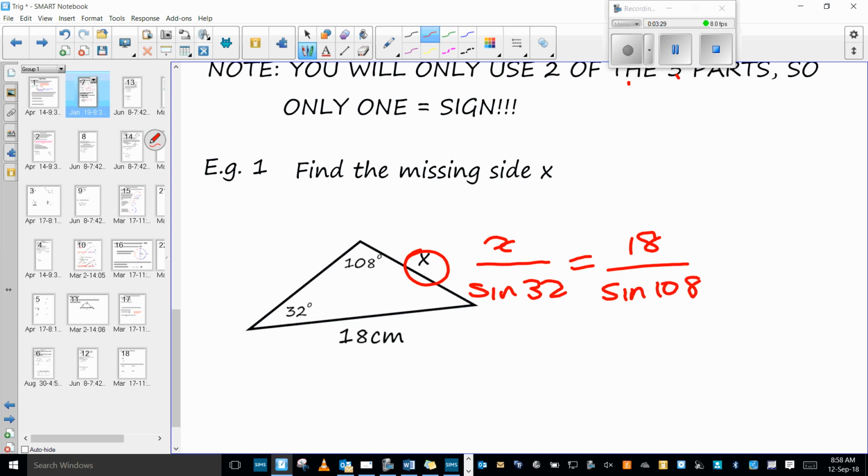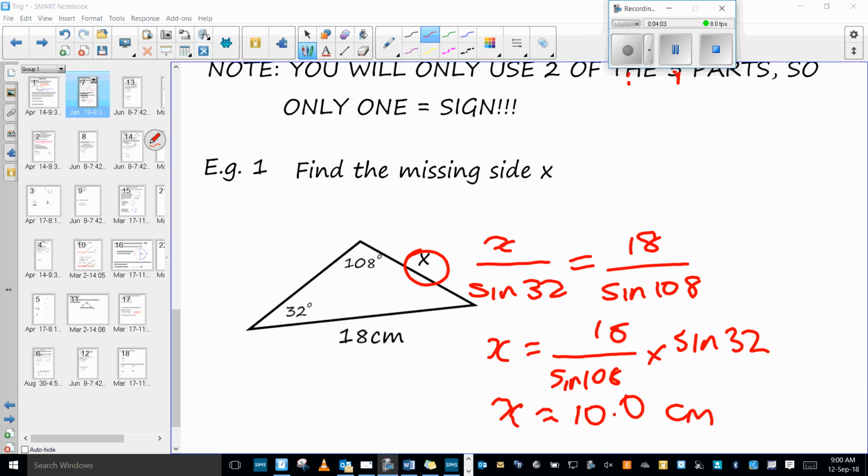We're then going to rearrange it so that we can find x. The sine 32 is going to be multiplied by the other side, so we can just stick it all in like this. These are all degrees, so make sure the calculators are in degrees. So 10.0 centimetres.